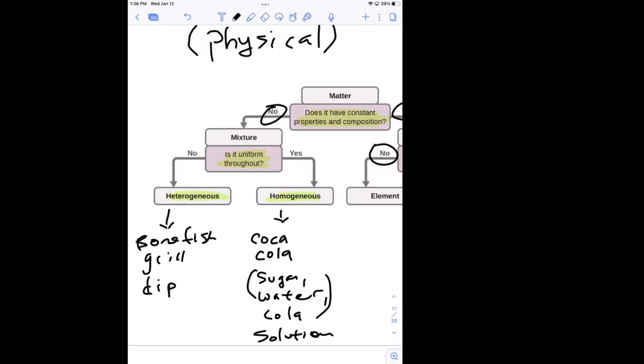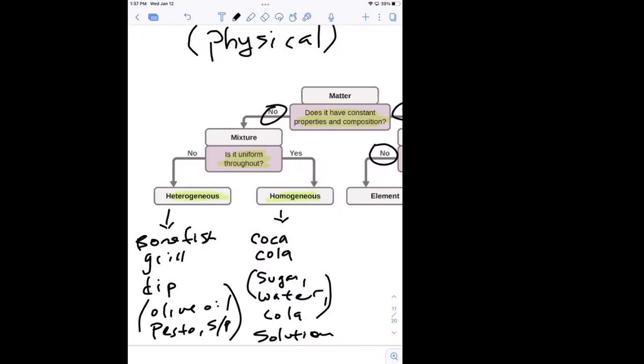So that dip is composed of olive oil, pesto. It's got a bunch of spices in it, but these are the main ones, and then salt and pepper. And when you look at that dip, it comes in a little small dish. You can see all the ingredients. So if something is heterogeneous, that means that the things that you added together to make that mixture, you can actually see the different parts.